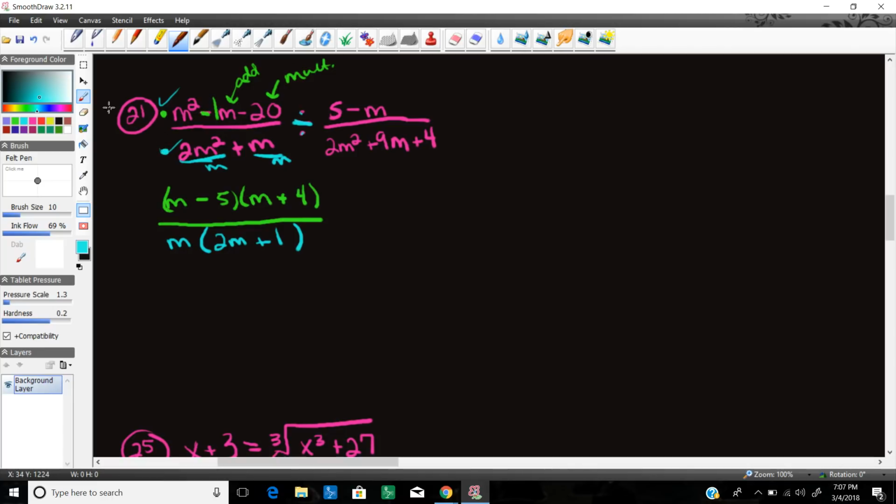Okay. Next, I'm going to go ahead and flip change the next part. Because this is division, we have to remember that keep flip change rule that we like to use. Not the chicken, the rule we used in 8th grade, I believe. Keep flip change. We keep the first fraction, we flip the second fraction, and we change this to multiplication.